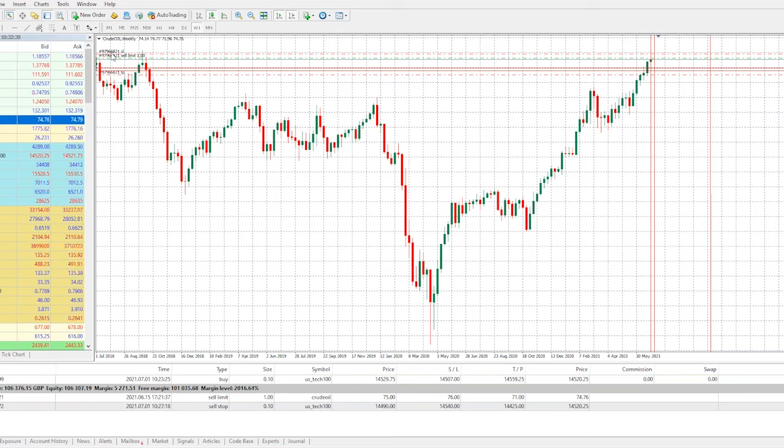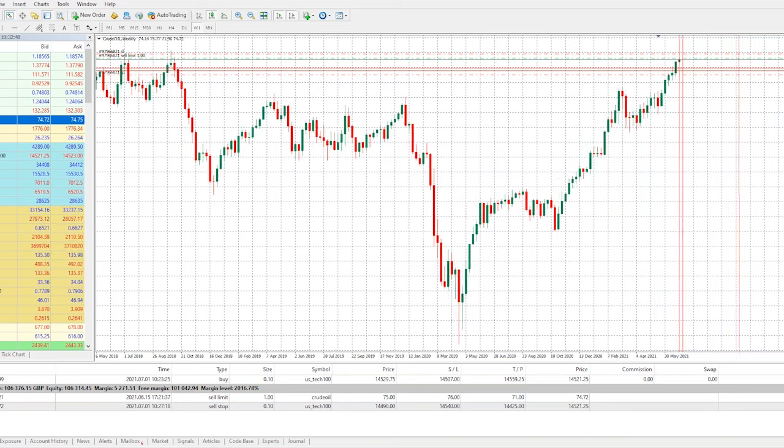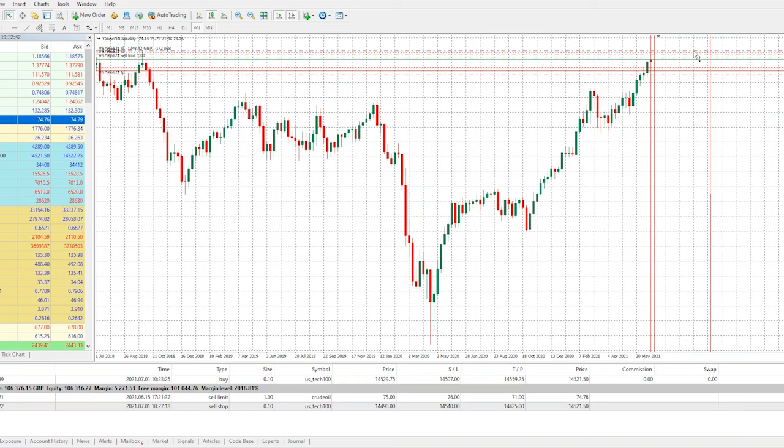So there's a huge rush of people who will probably sell on oil as it hits this resistance level around 75. Now, I might drag my stop loss a little bit higher than that. Maybe I put my stop loss up here so it's clear of these wicks on this resistance level.